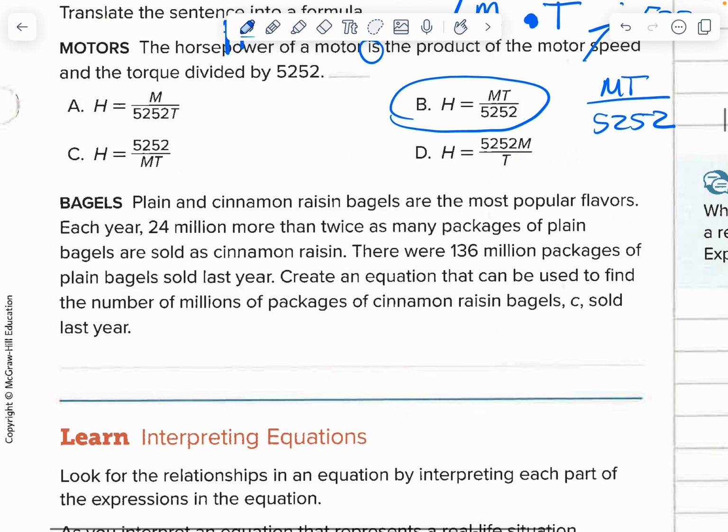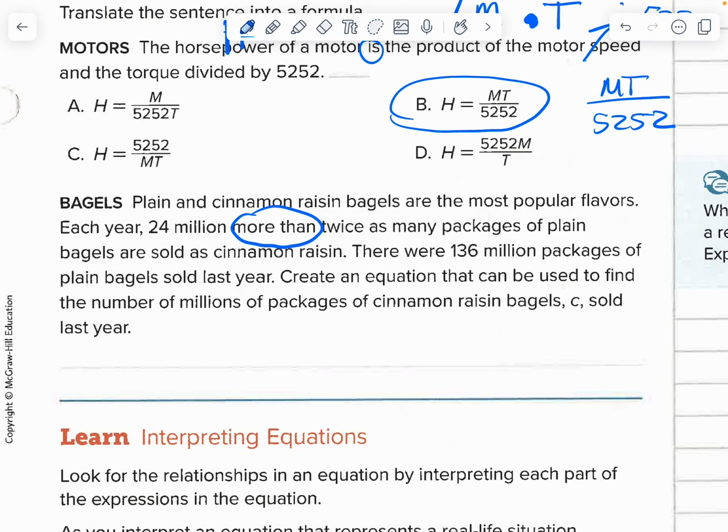Okay, so plain and cinnamon raisin bagels are the most popular flavors. Each year, 24 million more than twice as many packages of plain bagels are sold as cinnamon raisin. There were 136 million packages of plain bagels sold last year.